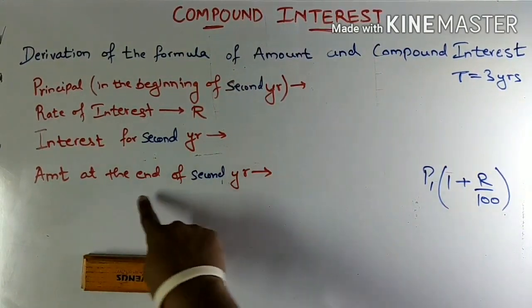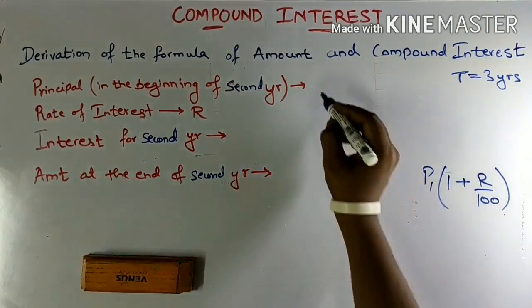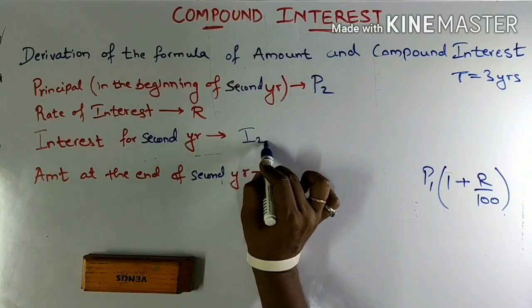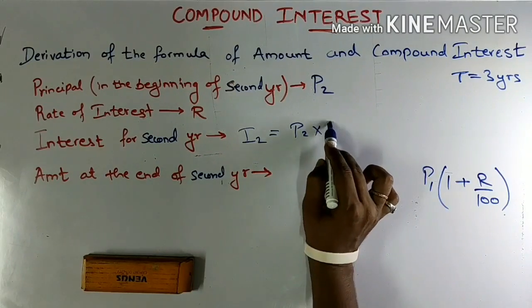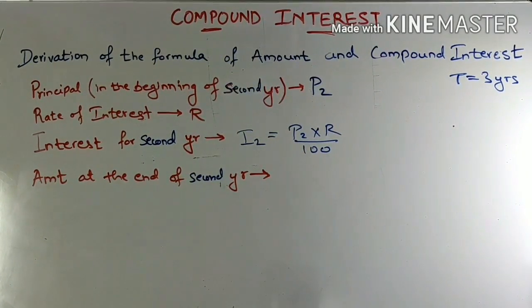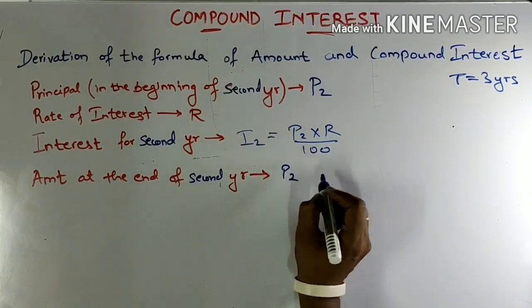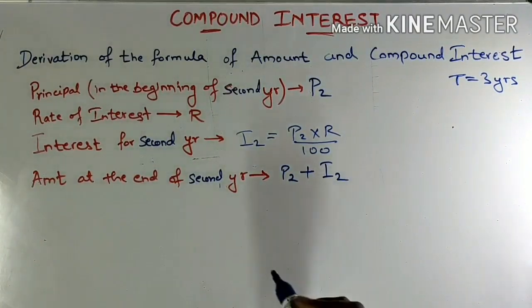Now we know that this amount at the end of the first year becomes the principal P2 for calculating the second year's interest, which will be given by I2, and again the formula P2 into R upon 100. So amount at the second year is given by addition of P2 plus simple interest for the second year.